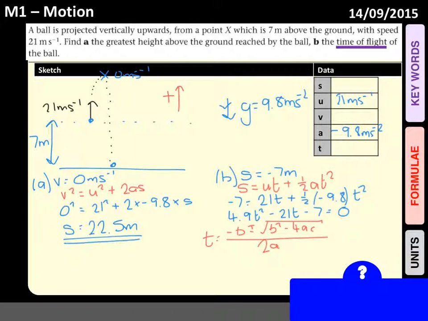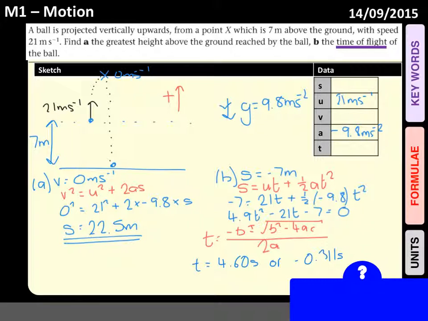So our positive root comes out to be 4.60 seconds. And if we're careful with how we use our calculator, we can then quickly change from the positive to the negative, and that's going to give us a time of minus 0.311 seconds.